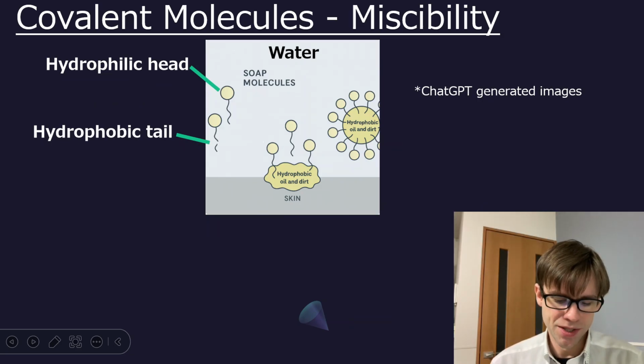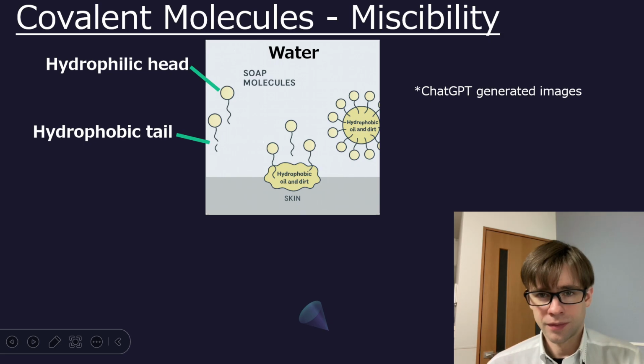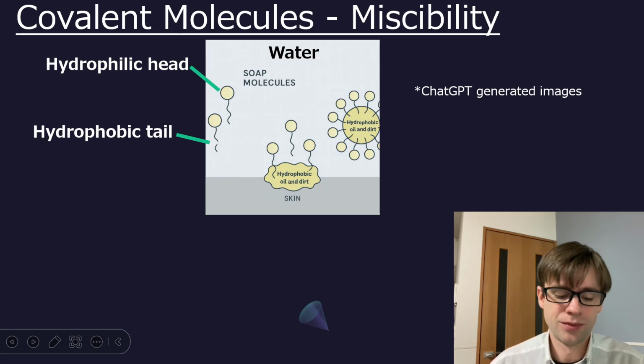Covalent molecules, miscibility. So I do want to go a little bit more into this, and specifically, when I was talking about milk, I was talking about some regions having mainly London forces and dipole-dipole and hydrogen bonding, maybe inside a pocket, and then outside a pocket is a different force going on.